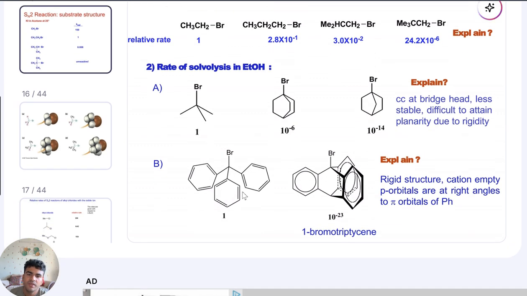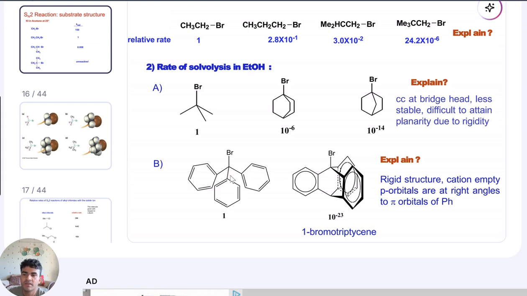I will come to B. In B, for substrate 1, the planarity will be maintained and all the benzene rings will provide a resonance effect and will stabilize the carbocation.